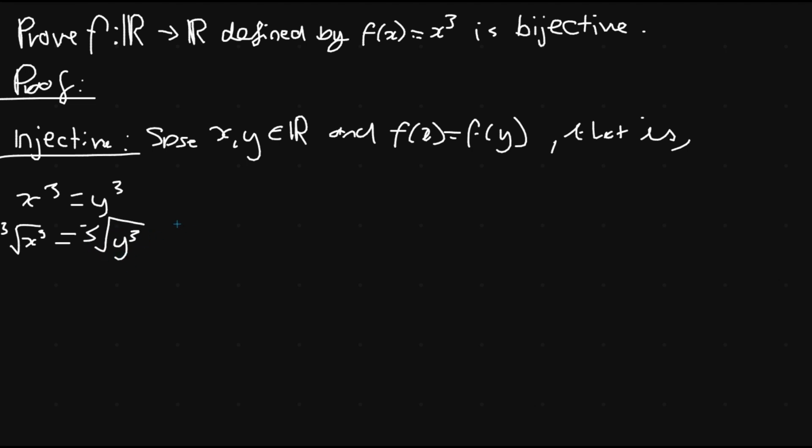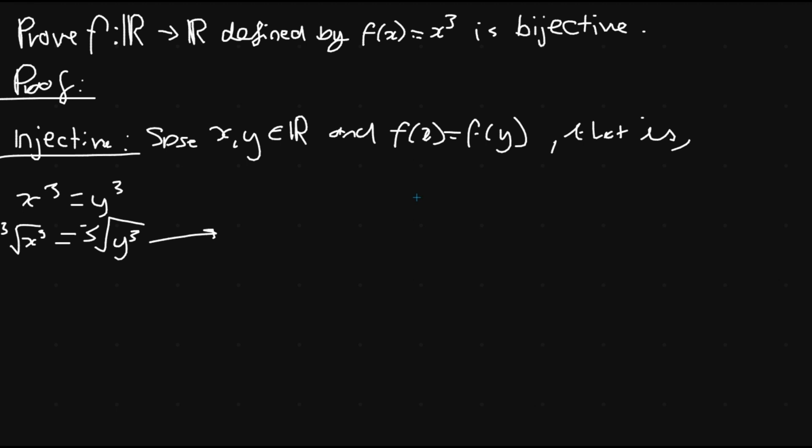What's important here is we need to notice that the cube root of any value is always going to give you one answer. So the cube root of 8 is going to be 2. It's not going to be minus 2, because that will give you minus 8. So that's important here.